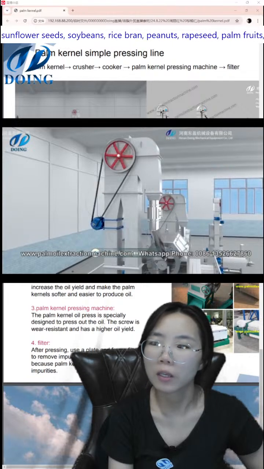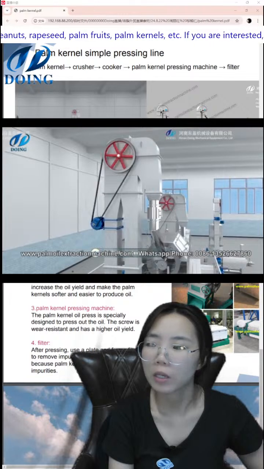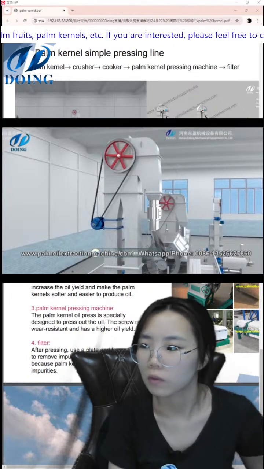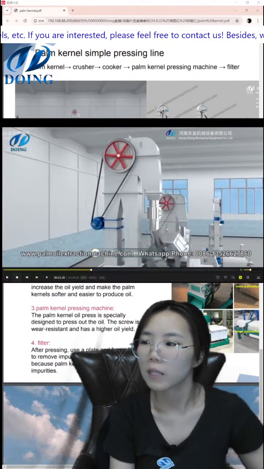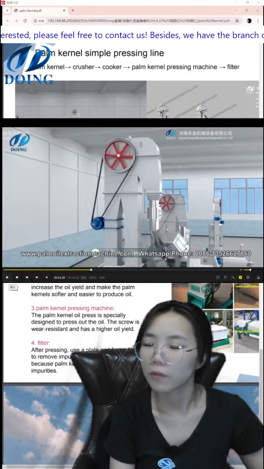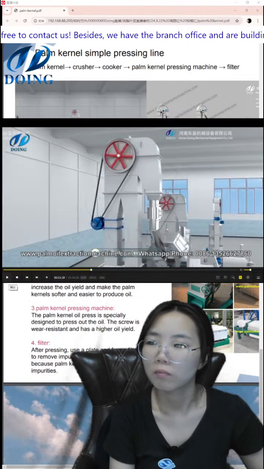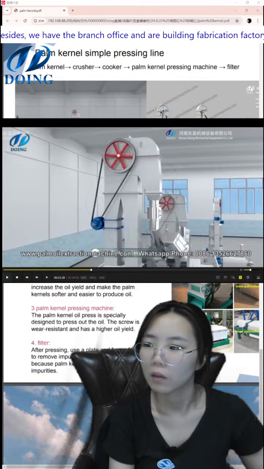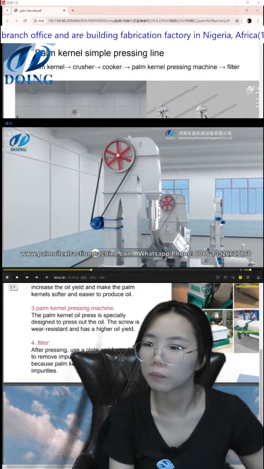And this machine is a mechanical separator, and palm nuts enter the mechanical separator to remove some impurities and avoid damage to the next part of the machine.